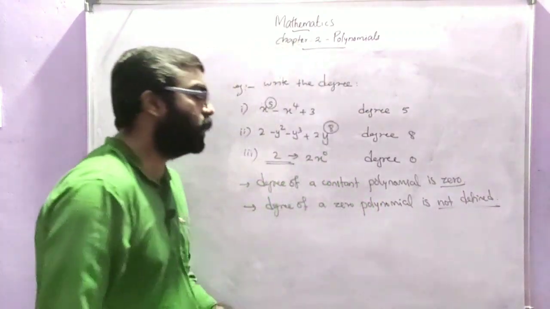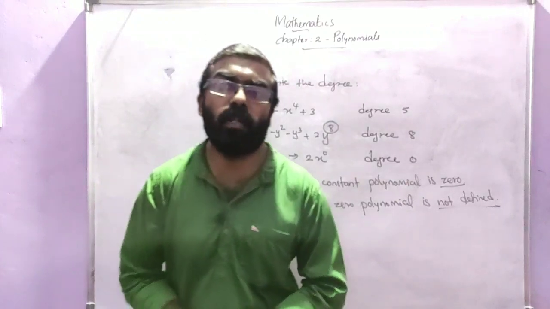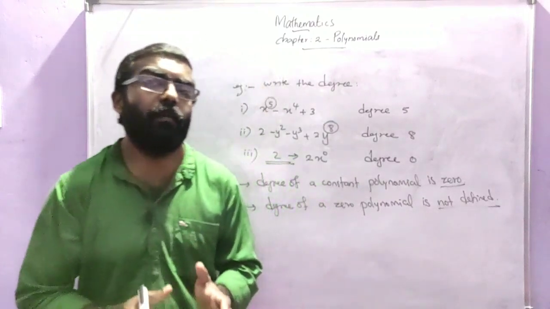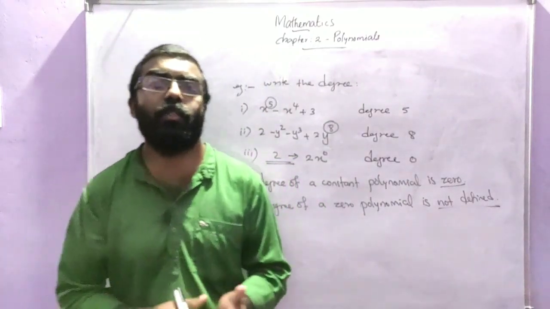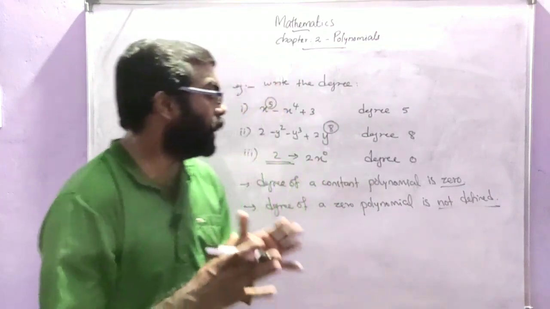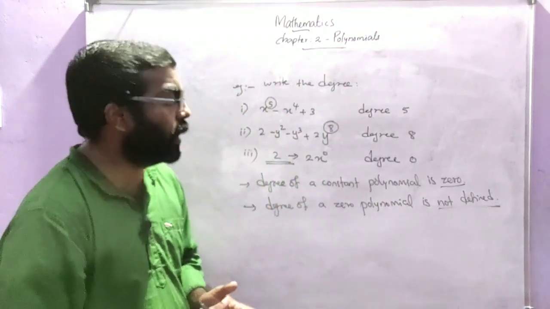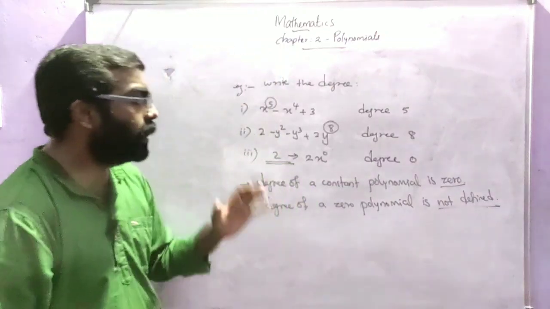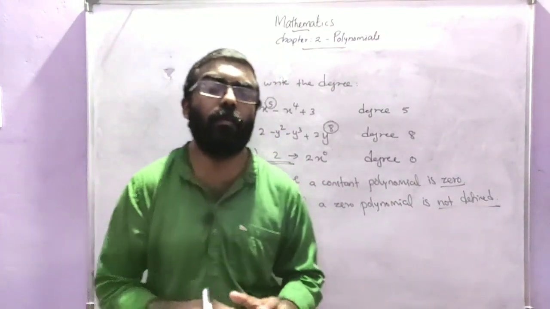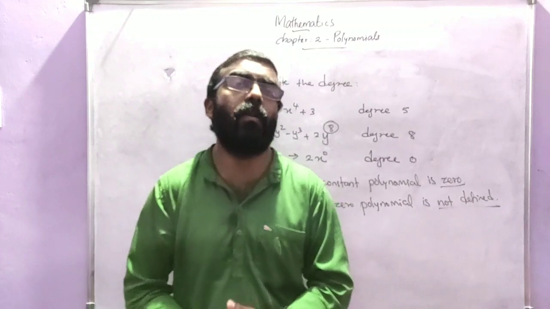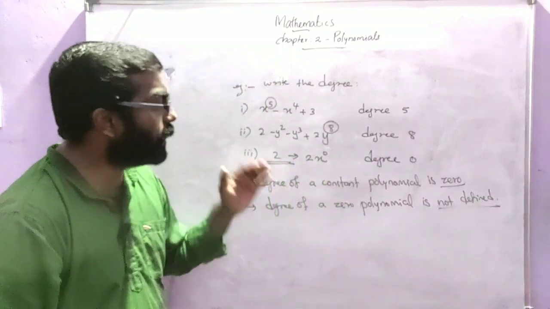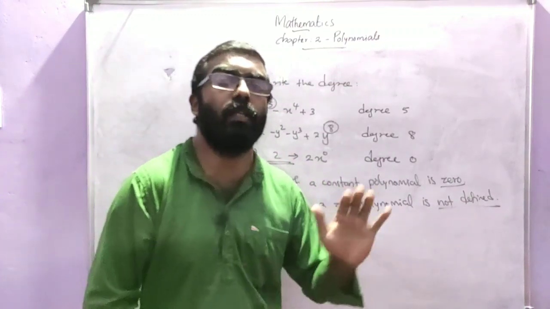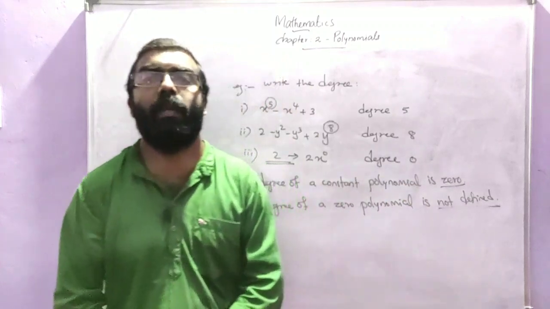Any number, we can say 5, 3, minus 2, something like that, all are called constant polynomials, and the degree of a constant polynomial is what? 0. And the number 0 itself is called what? Zero polynomial, and the degree of that zero polynomial is not defined.